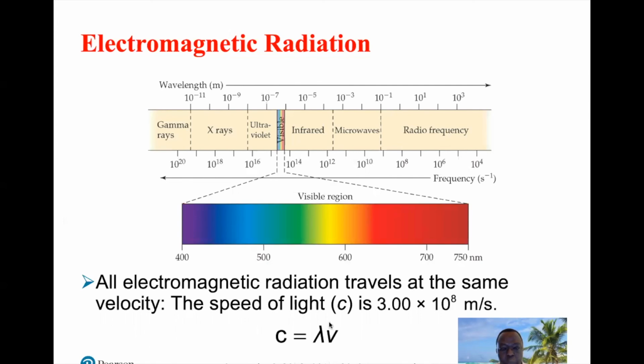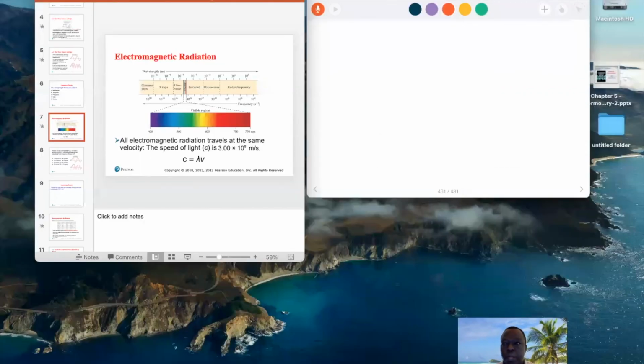We call this the speed of light, and the literature value is 3.0 times 10 to the positive 8 meters per second. It turns out that this equation is the last thing I'll talk about.